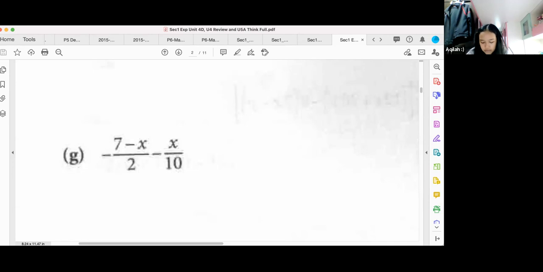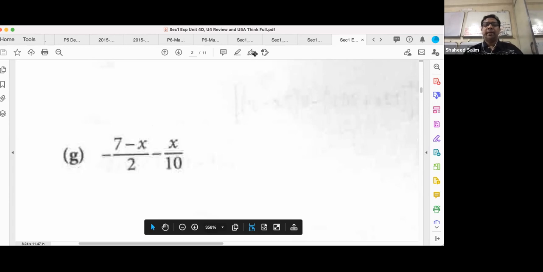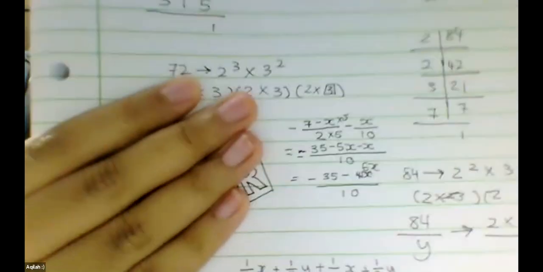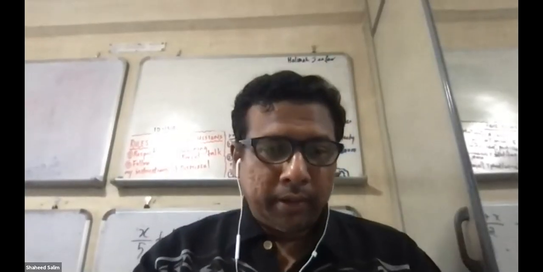Negative 35 minus 6x over 10. Can I have a look at your work? Okay, just a moment. Okay, thank you very much. Let us see.